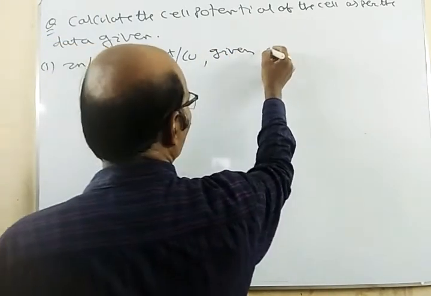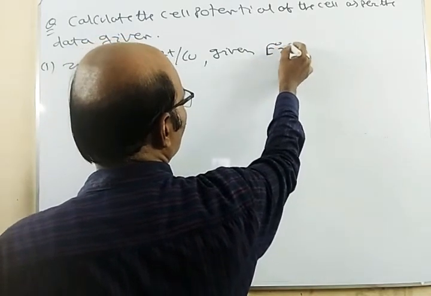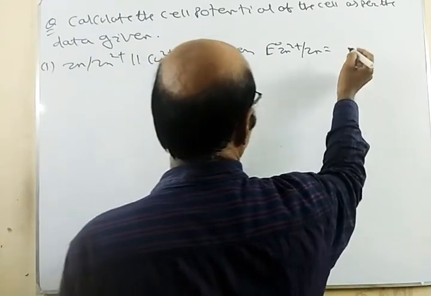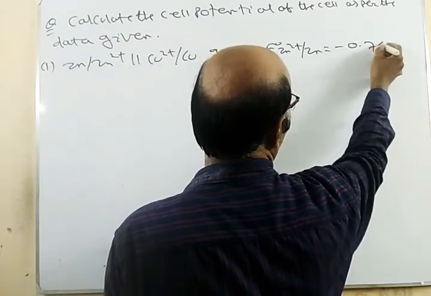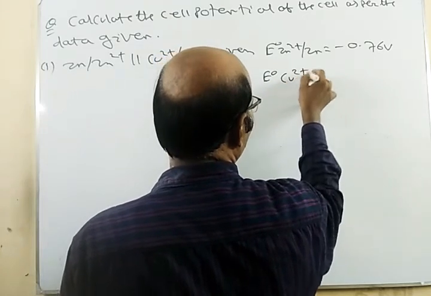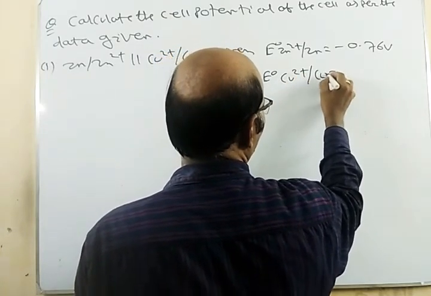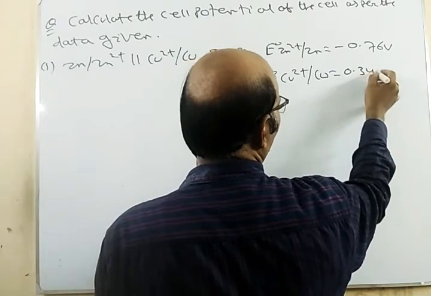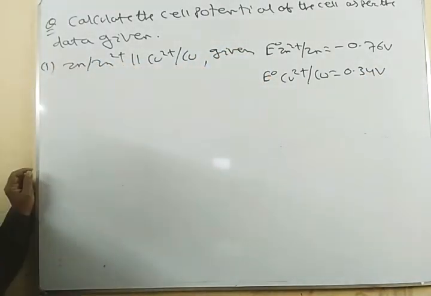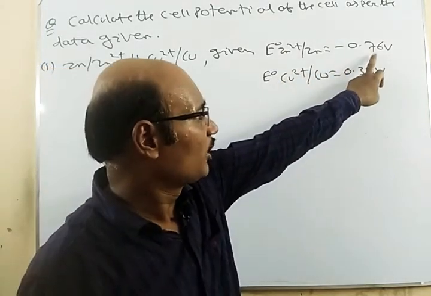Given E naught Zn2 plus by Zn is equal to minus 0.76 volt, and E naught Cu2 plus by Cu is equal to 0.34 volt. This is the given data of the potential.